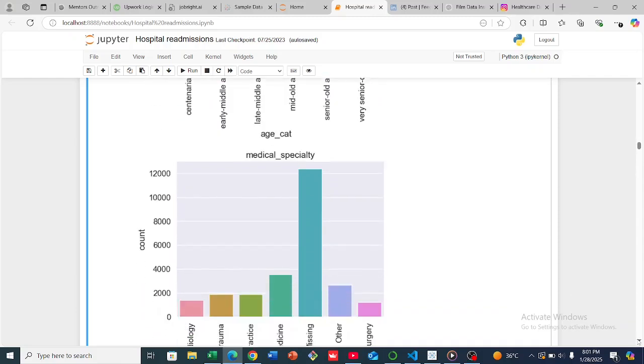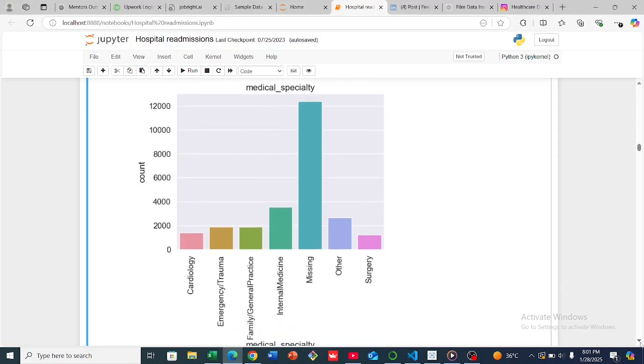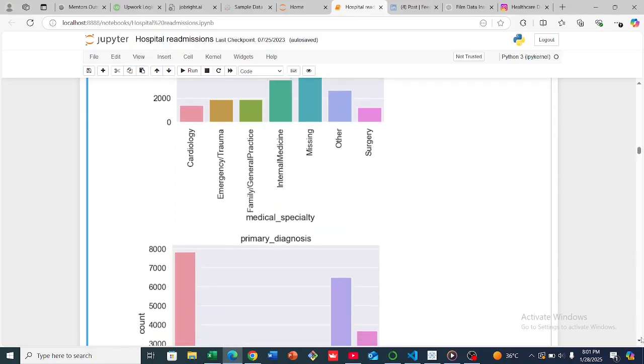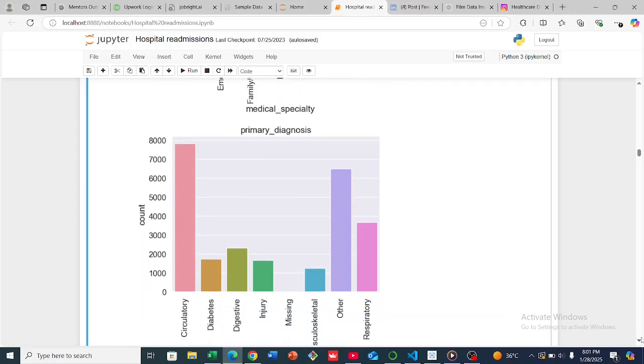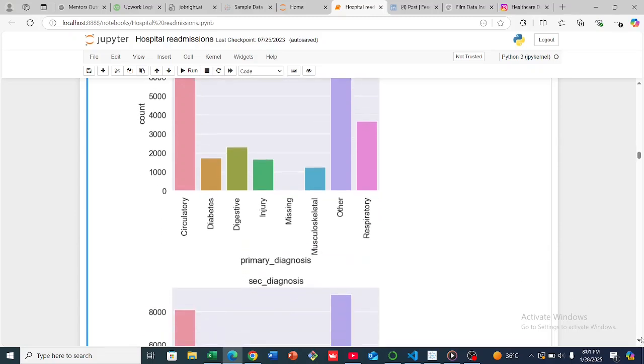So the next visualization is for medical specialty, and you can also see the information we have missing as the highest, and we have internal medicine as the next in line. That's just what our visuals can do. Just looking at it at a glance, it gives you enough information you need to know regarding that particular feature or column.